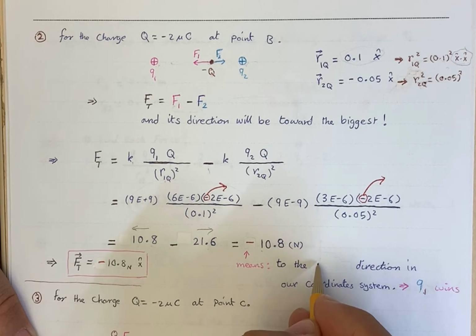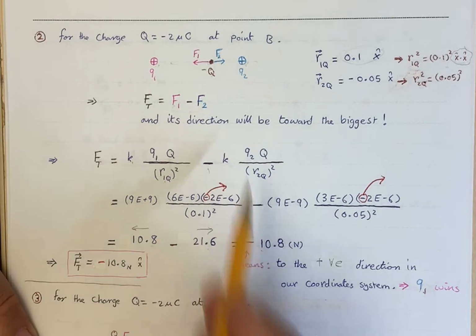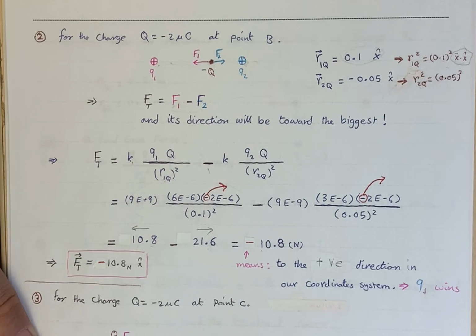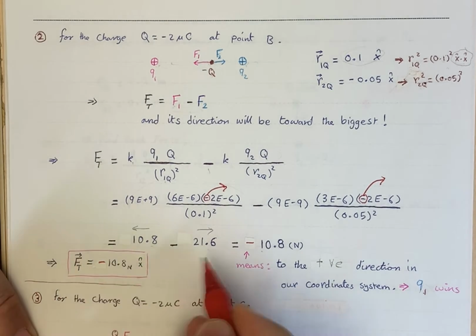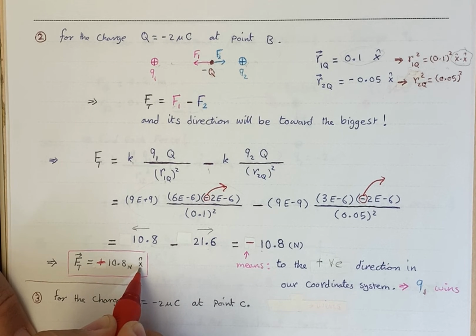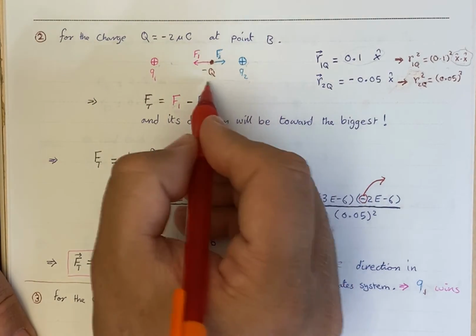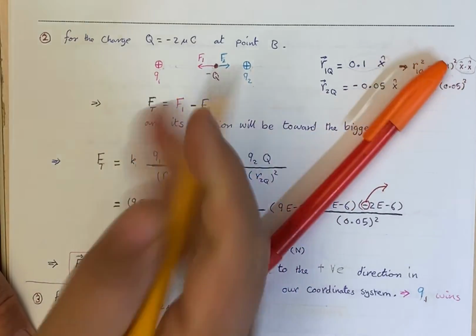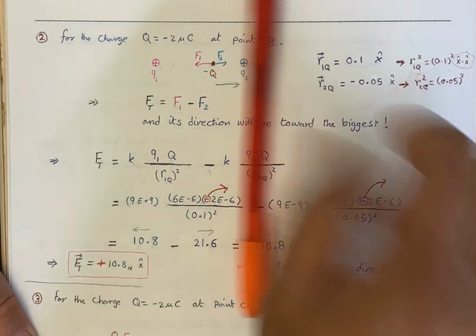So it will be in the positive direction in this coordinate system. If I need to write it, F total is not in the negative direction, it is positive 10.8 in the x direction. So the resultant force will be to the right from here. Means that Q2 wins, not Q1. Sorry.